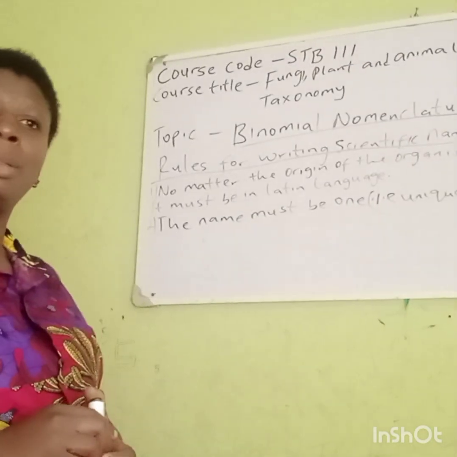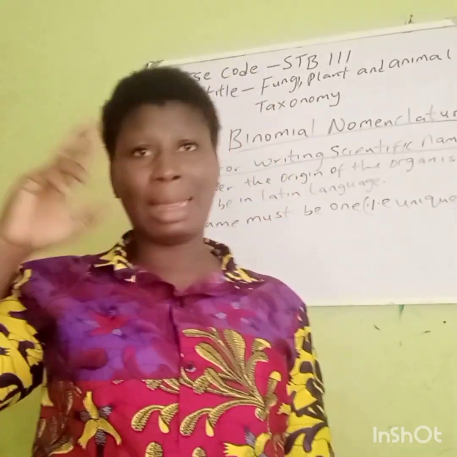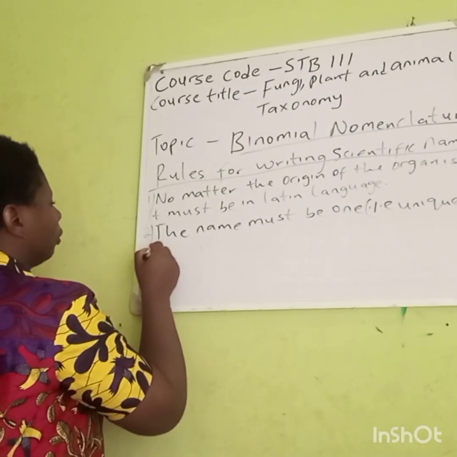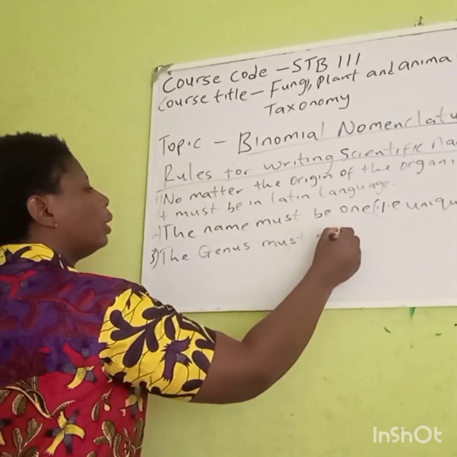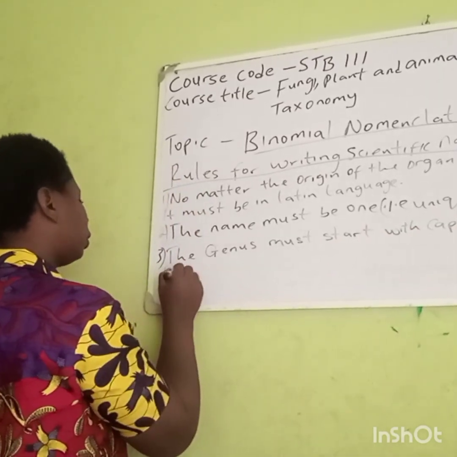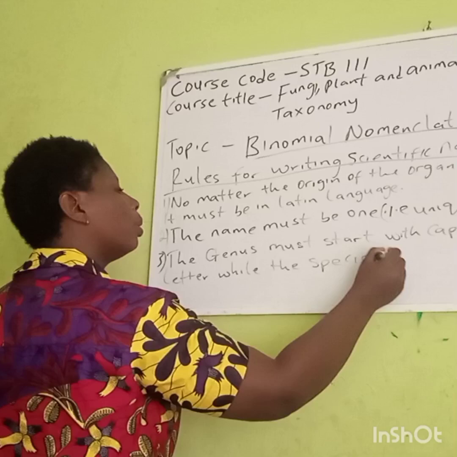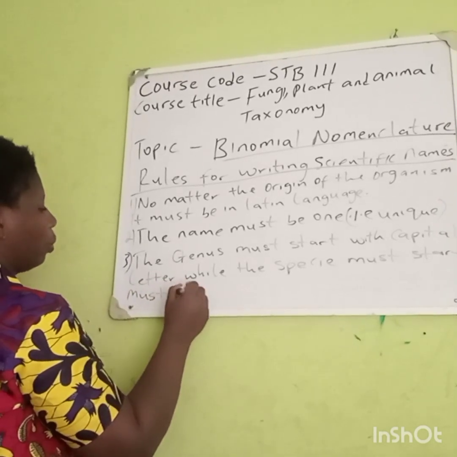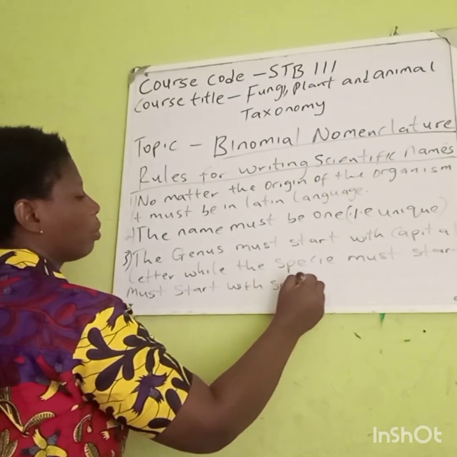The third one is that the scientific name, that is the genus and the species: the genus must start with a capital letter, while the species must start with a small letter.